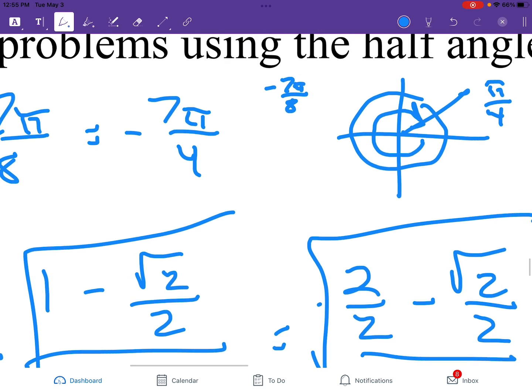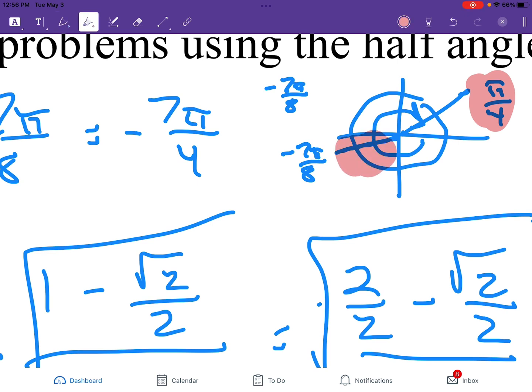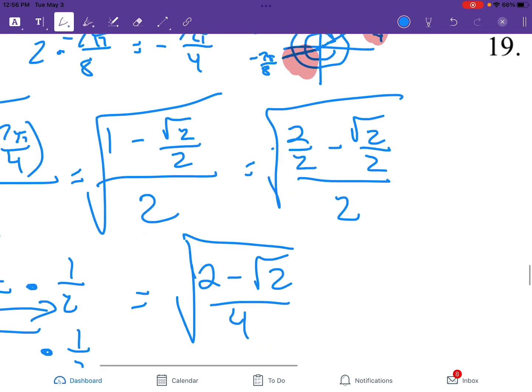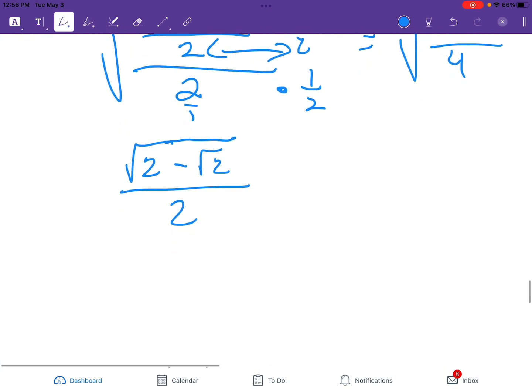If pi over 4 is here, negative 7 pi over 4 is over here, and negative 7 pi over 8 is going to be someplace over here. We were looking for the sine of this. What is the sine in this quadrant? The values of the sine in that quadrant are all negative, so our answer is going to have a negative sign out in front of it.